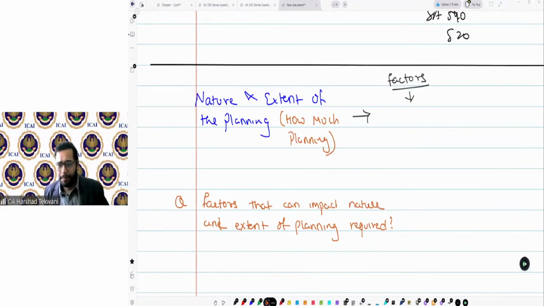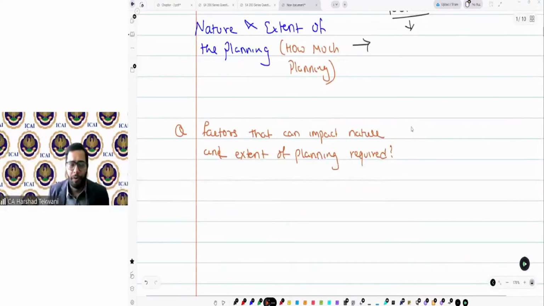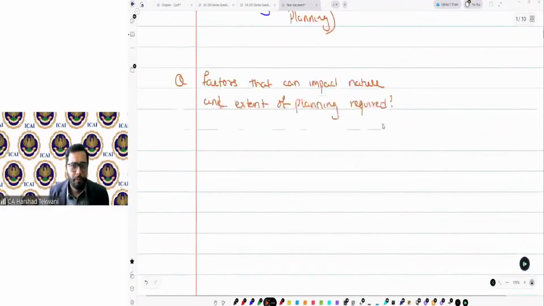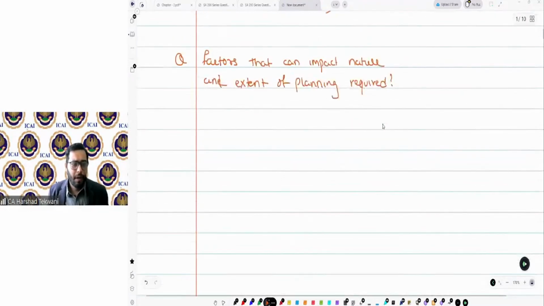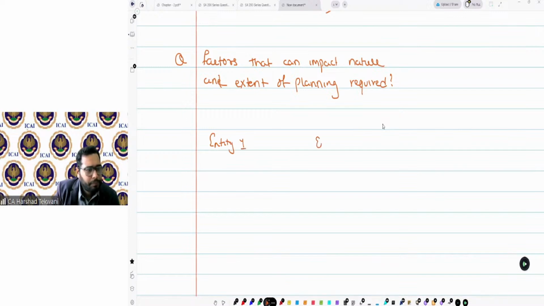Okay. In other words, I'll place another example in front of you. Let's say there are two entities, entity 1 and entity 2. Entity 1's industry is, let's say, oil and gas.